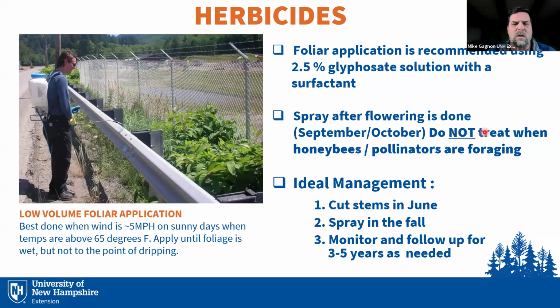You can imagine some of those photos I showed where it's 10, 15 feet high. If you cut that in June, deal with those stems and materials, dry them up, and come back in the fall, you might be looking at something like this, where it's only waist high, right? And it wasn't able to complete its own physiological life cycle and go to flowering. So timing can be a little bit easier late in the year.